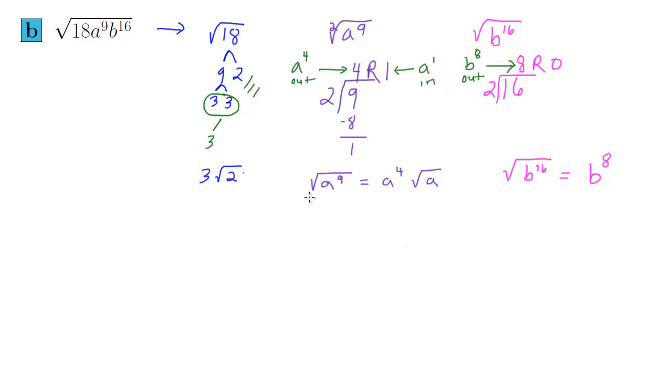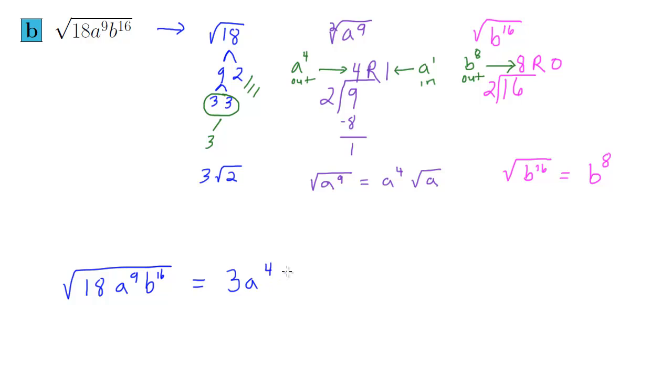So if we write overall what we get when we simplify this monster radical expression, it's going to look like this. Square root of 18, a to the 9th, b to the 16th is going to be equal to the 18 gives me a 3 on the outside. The a to the 9th gives me an a to the 4th on the outside.